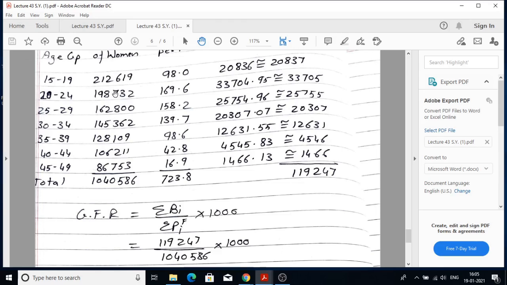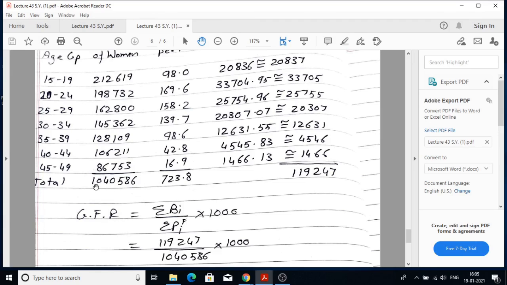So we will find the female population total as 2,12,619 plus 1,98,732 plus 1,62,800 plus 1,45,362 plus 1,28,109 plus 1,06,211 plus 86,753.